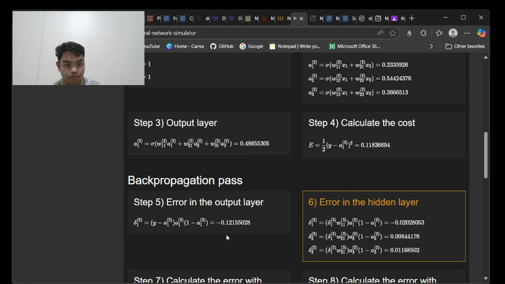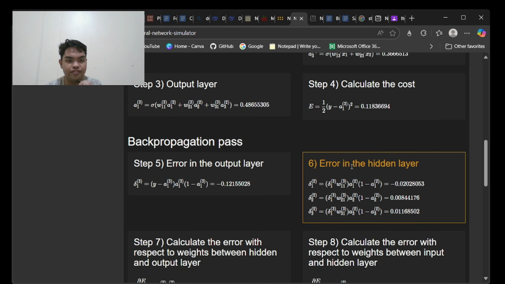For the error in the hidden layer, the first one is negative 0.02, and for the second and third it's 0.008 and 0.011. If we compare them, they're almost similar and quite different at the same time, a huge difference.